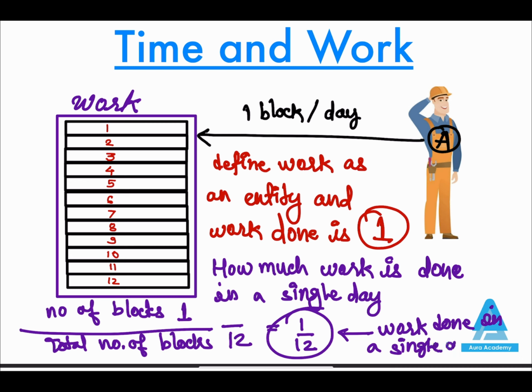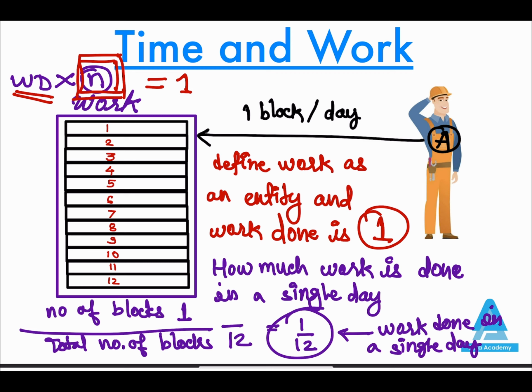Now simply multiply work done by the number n, where n is the number of days. Most of the time, questions will be asking for the quantity n, the number of days. Work done in a day times n is equal to 1, since complete work is represented by 1.